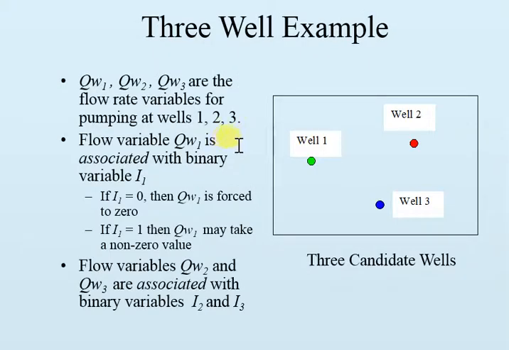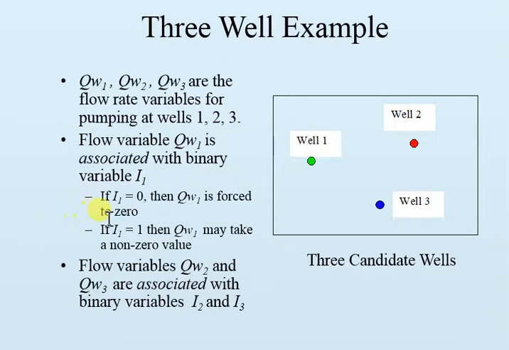Here's an example of this. We have 3 wells, QW1, 2, 3, and let's assume that we've associated a binary variable I1 with flow variable QW1. This means if I1 is equal to 0, then QW1 is forced to take a value of 0.